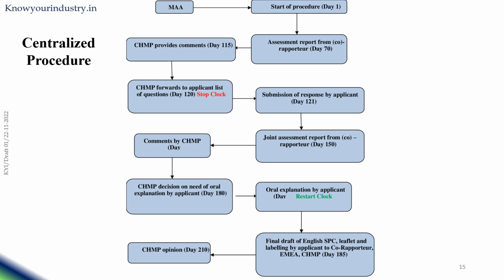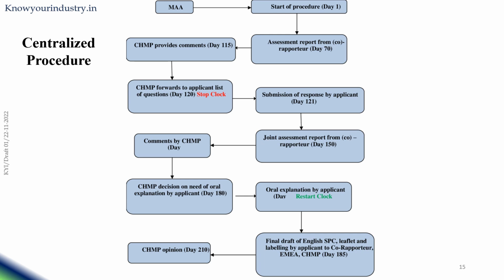Then the joint assessment report from the co-rapporteur comes on day 150, followed by comments from CHMP on day 170. CHMP decides on the need for an oral explanation by the applicant on day 180. The oral explanation by the applicant is on day 181, which is the restart of the clock.